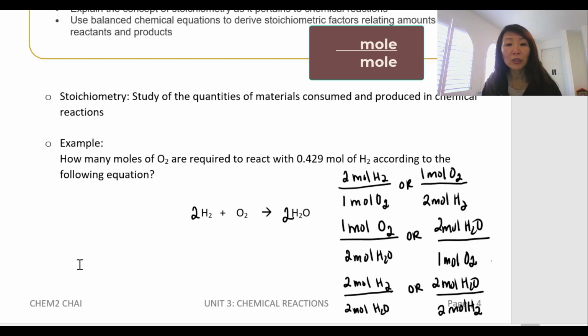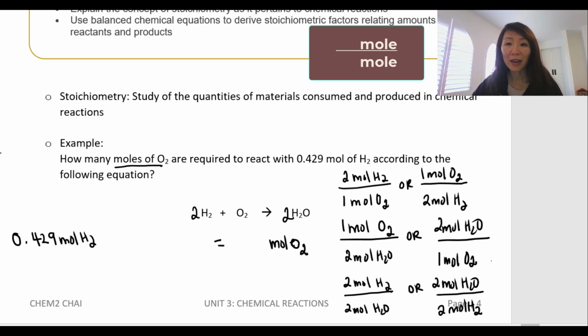So what you're going to do is start off with the given, which is 0.429 moles of H2, leave a big space, and then make it equal to what we're looking for. We're looking for moles of O2, so I want my unit to be moles of O2 in the end.